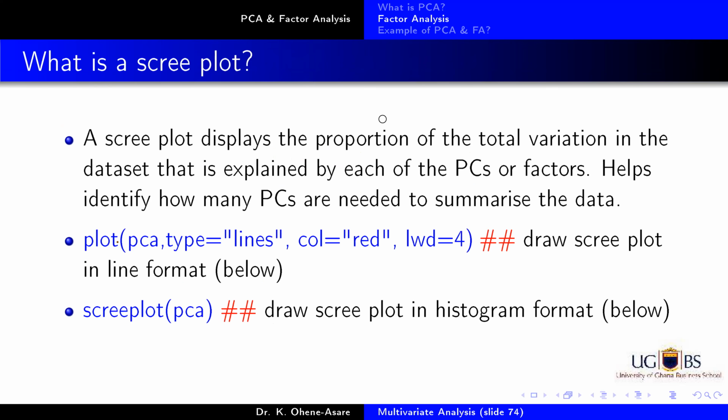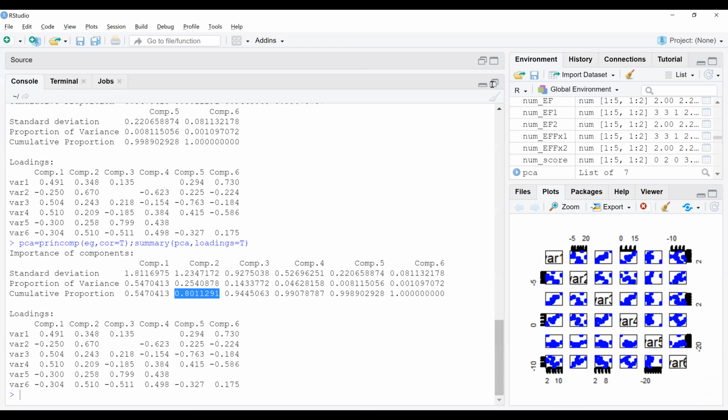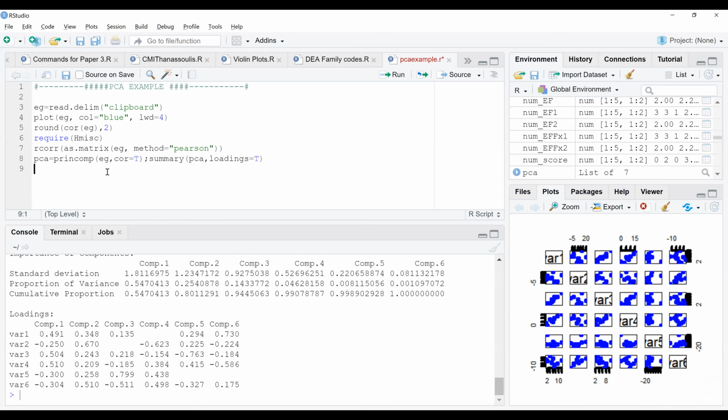So let's go to the scree plot. Now we are going to draw the scree plot in R. The way to draw it is to type plot, PCA, type, and all that. So let's go to R and generate our plot. You type plot, and then in brackets the name of the principal component, and that was PCA.